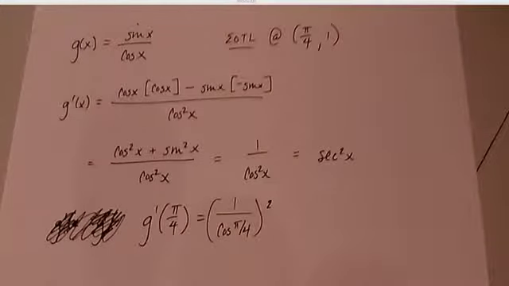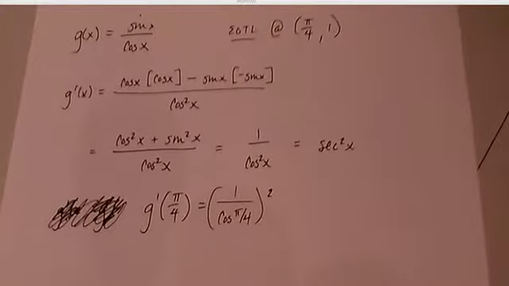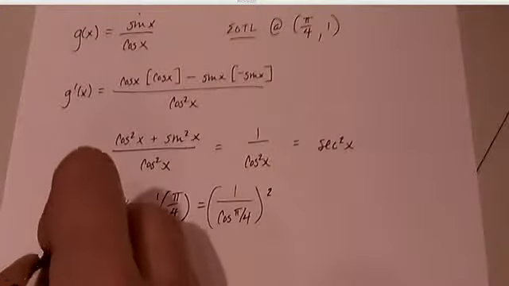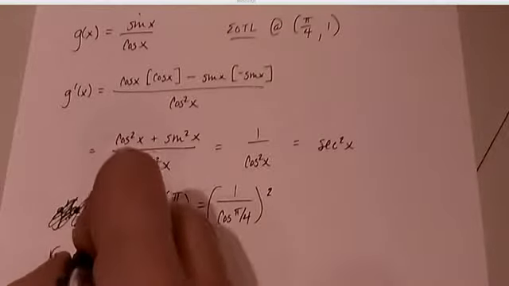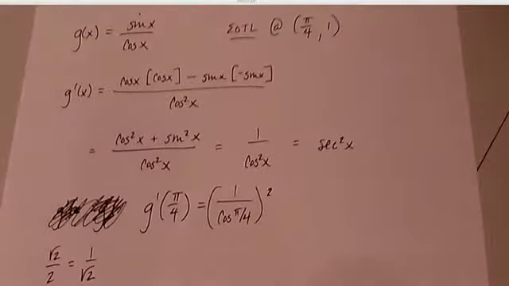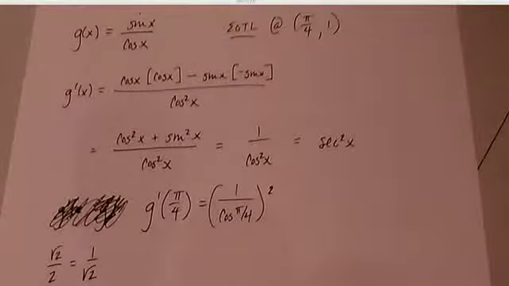So if you don't remember what secant of pi over 4 is, you can always just run back to cosine of pi over 4. Now, cosine of pi over 4 is root 2 over 2. But if you don't remember, root 2 over 2 is 1 over root 2 rationalized.